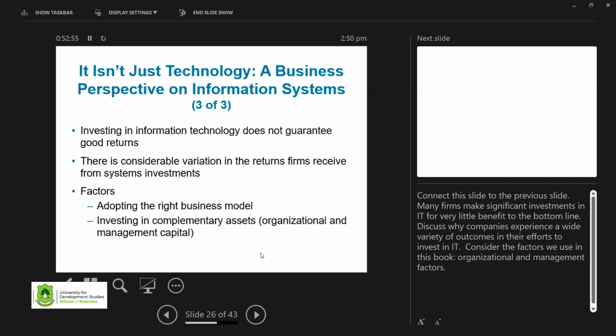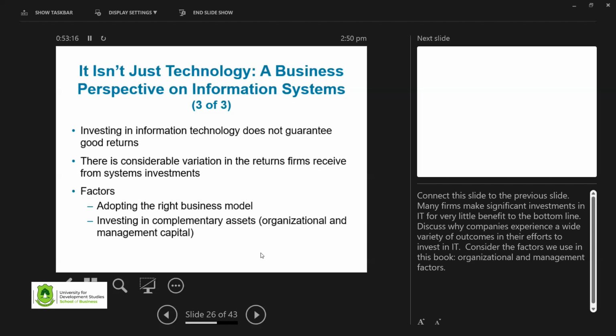So when we invest in technology, we should be using the right business model alongside that technology. Otherwise, we will not be able to get the value from the technology we are investing in. And this would also involve investing in what we call complementary assets.